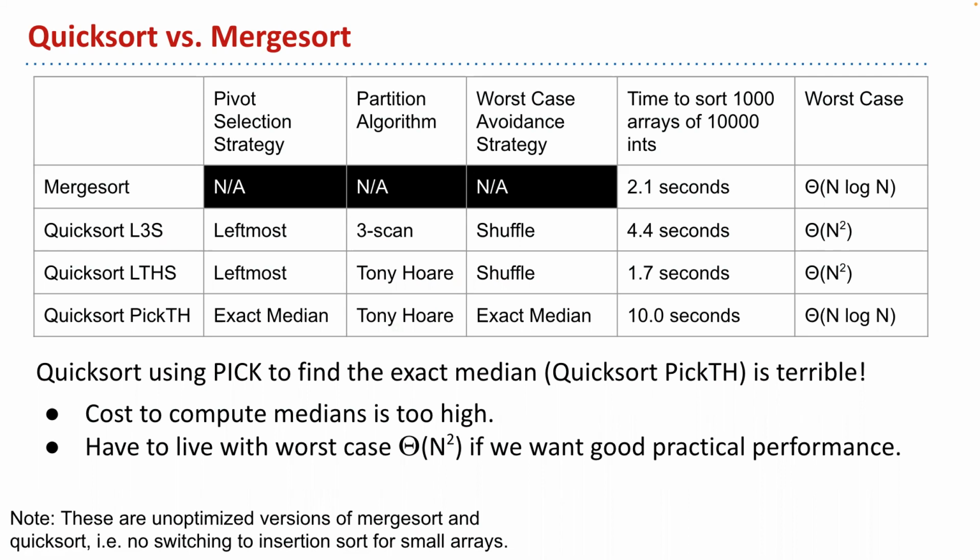Why do we find the exact median? Can we approximate the median? Yeah, that's a good question. If you do a constant time median selection strategy, you definitely have an n squared input. It's guaranteed by the McIlroy paper.